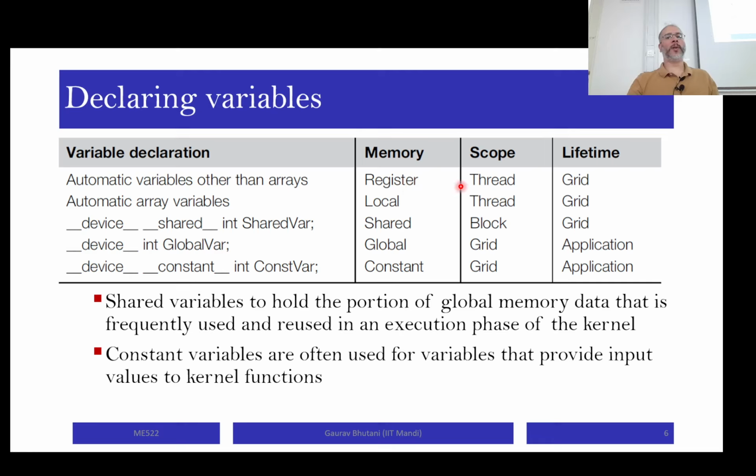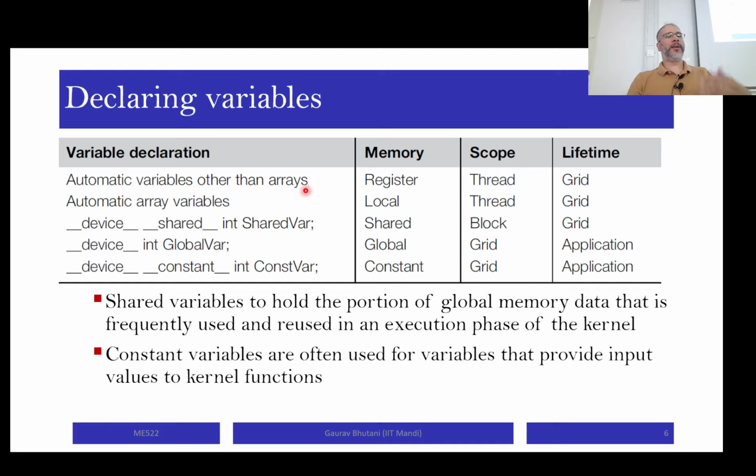Okay, so that's the scope of the variable. And then there's a lifetime as well. Whenever you launch a grid through a kernel function call, registers are allocated depending on requirements, and once the kernel execution is finished, the registers are freed. So this is the lifetime of the registers.